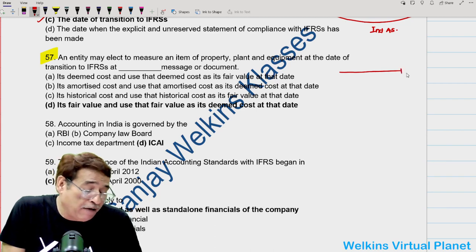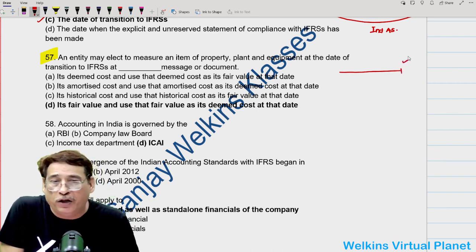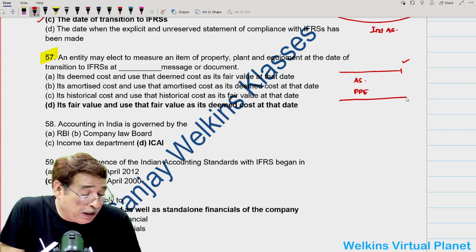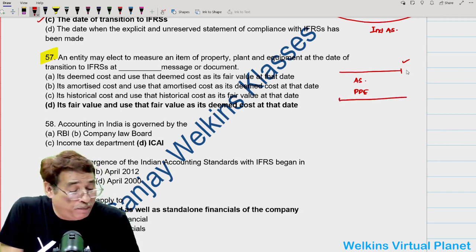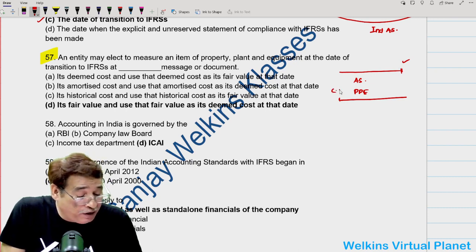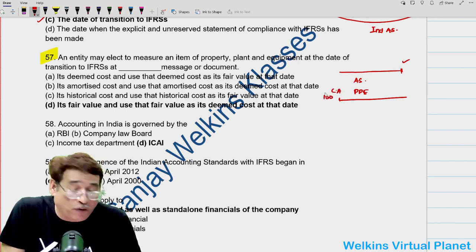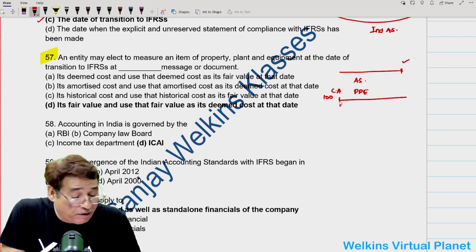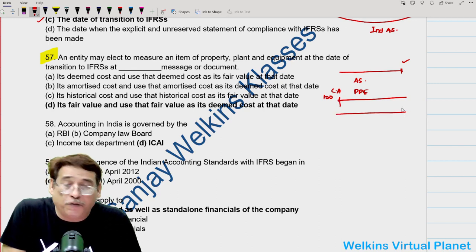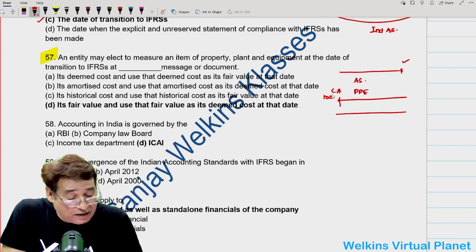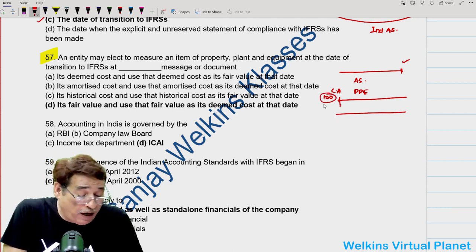Suppose so far I have prepared my financial statement as per AS, and property, plant and equipment at the end of this accounting year is having a carrying amount of rupees 100 lakhs. And let us say we have decided now that from this particular point we are going to adopt Ind-AS.